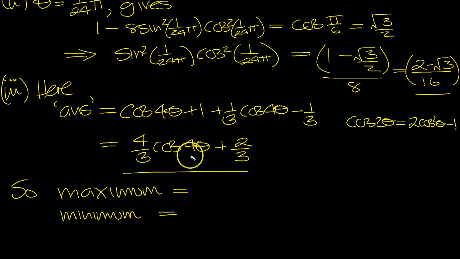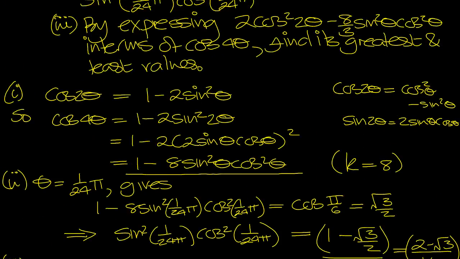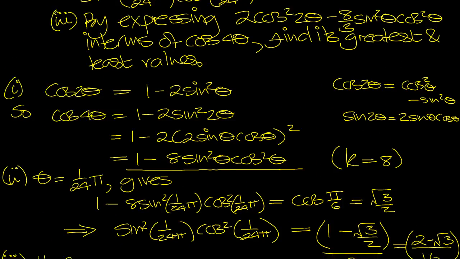Well, as theta varies, this will go from 1 to minus 1, so the biggest value will be when it's 1. 4/3 plus 2/3 is 6/3, so that's 2. This will go down to minus 1, so minus 4/3 plus 2/3 is minus 2/3. So there's our maximum and minimum values. Let's just check we finished the question. Yeah, greatest and least values.